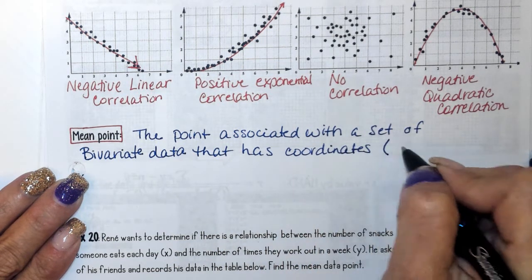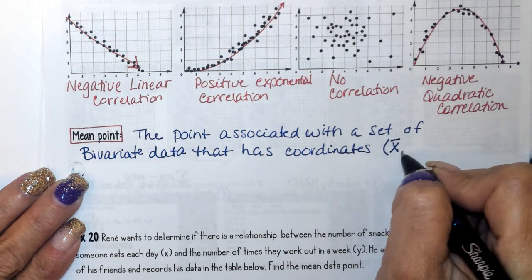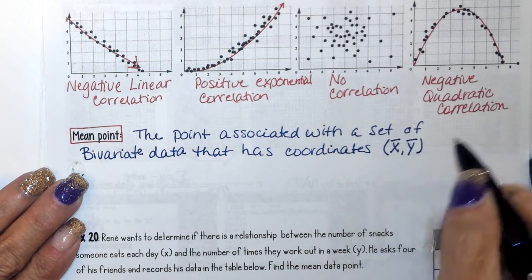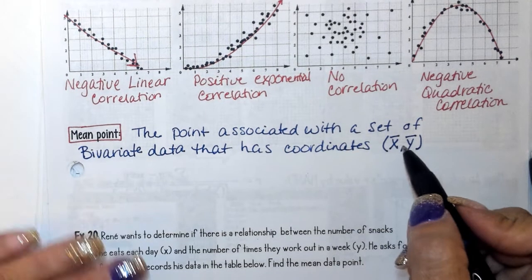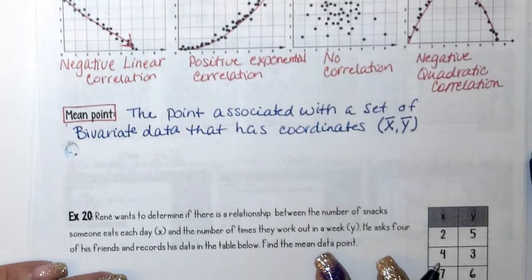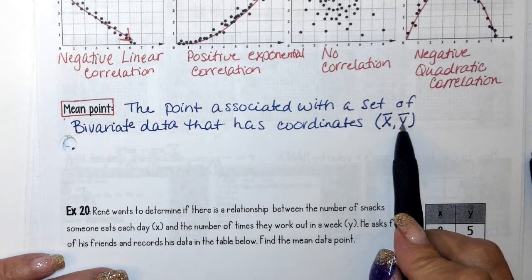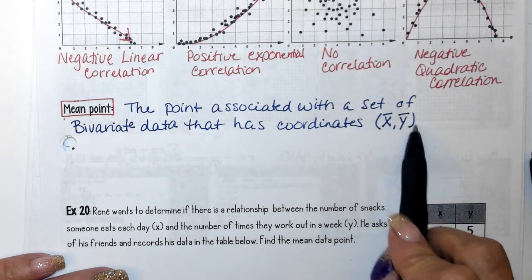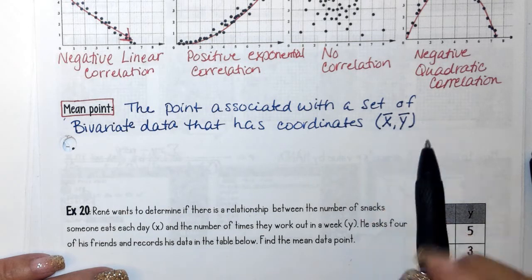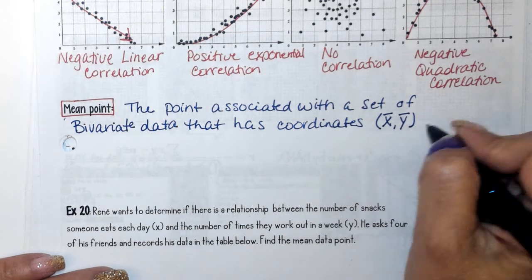I'm going to write it as an ordered pair. Here it is, x bar, y bar. Remember what the bar means. Bar means the mean. It's the average. So I'm going to average the x values and average the y values, and I'm going to find this ordered pair. It's the mean point. That is called the mean point.